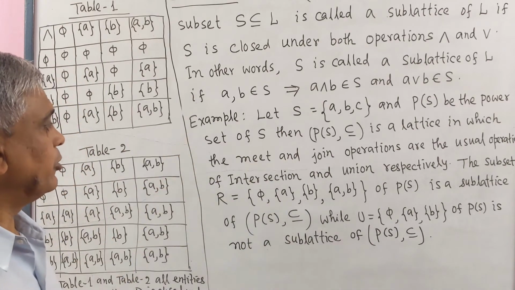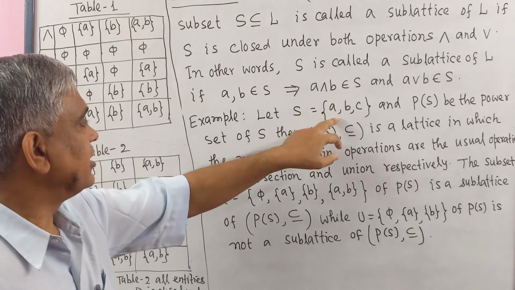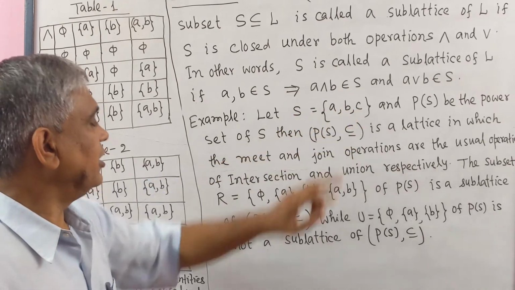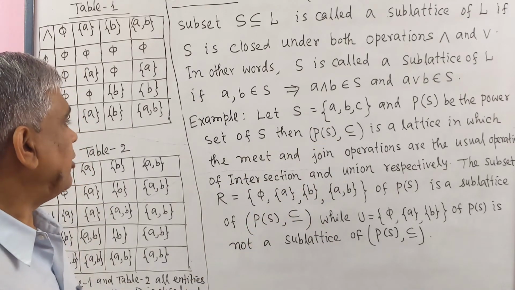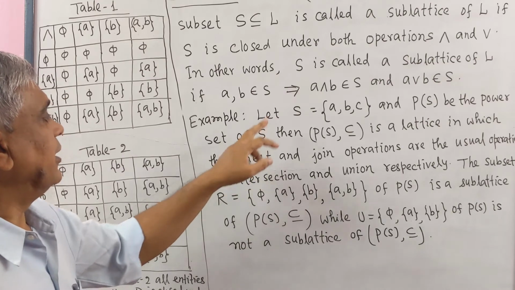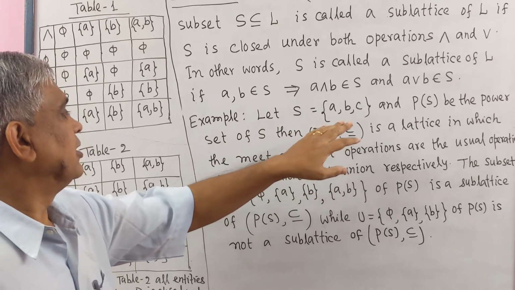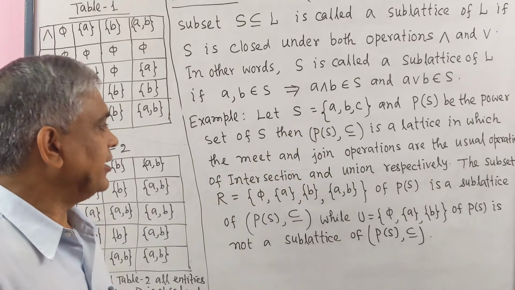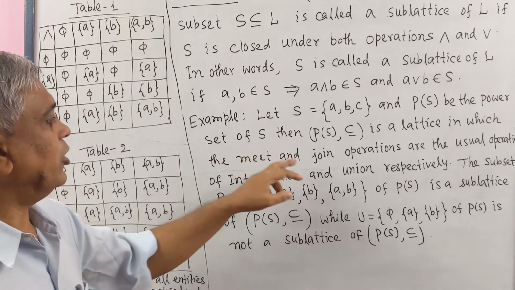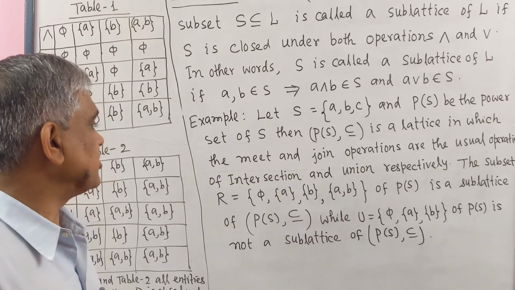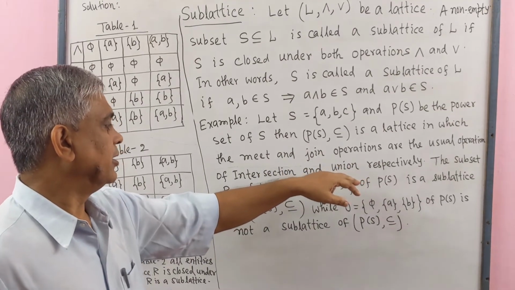Now by an example we show this. Let S be a set containing elements a, b, c, and P(S) be the power set of S. Then it is obvious that P(S) with the partial order relation subset is a lattice in which meet and join are the usual operations of intersection and union respectively.